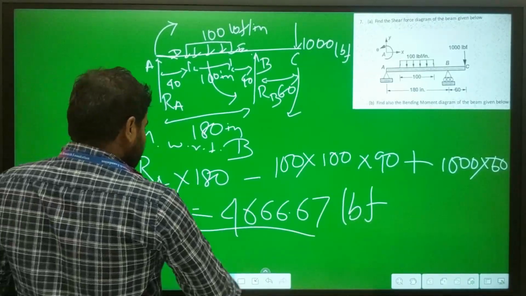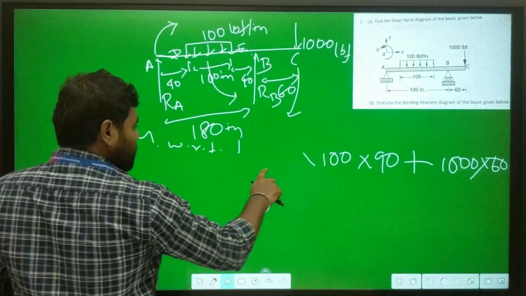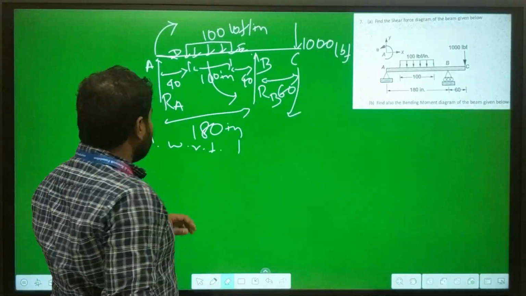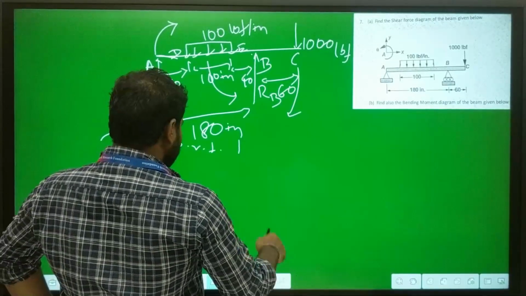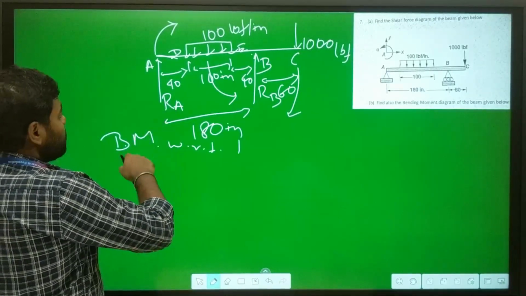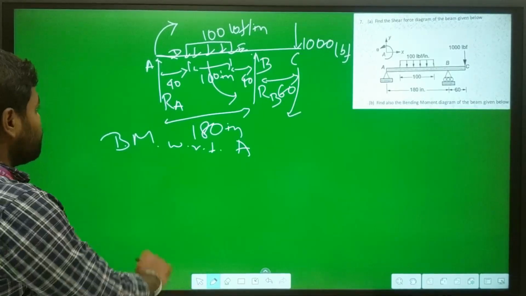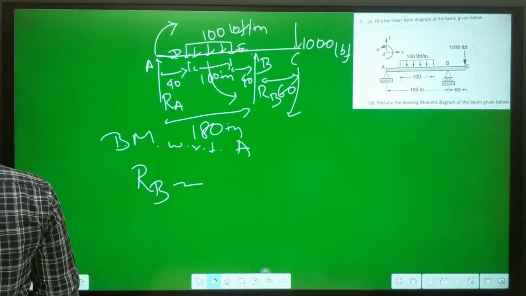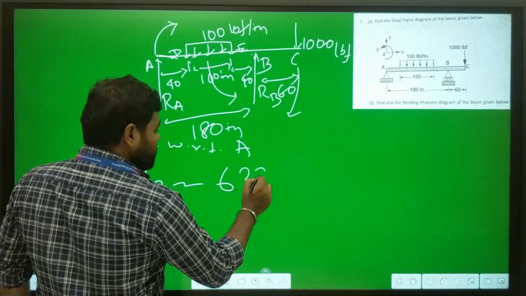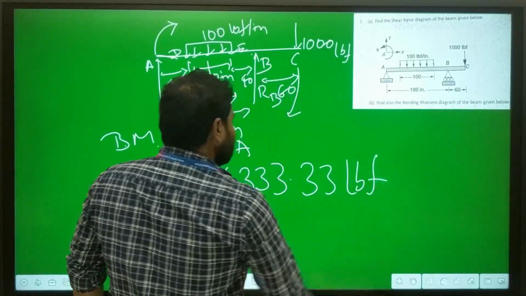Similarly, we have to determine the force RB. For RB we take the moment with respect to point A, that is bending moment with respect to point A. By similar calculation we can find that RB is equal to 6333.33 pound force.